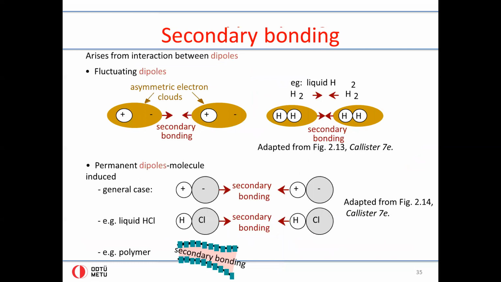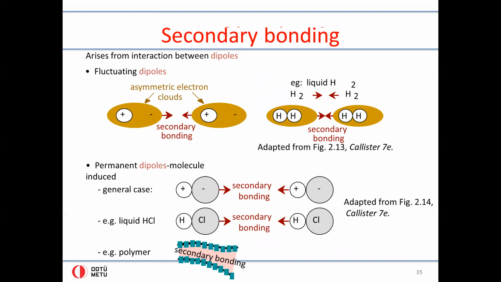So secondary bonding, I won't go into the detail of this, but this is where you have certain attraction situations that happen for short periods of time between materials. So these bonds form and break and form and break.